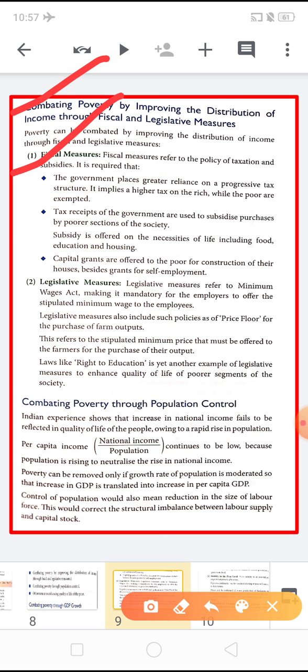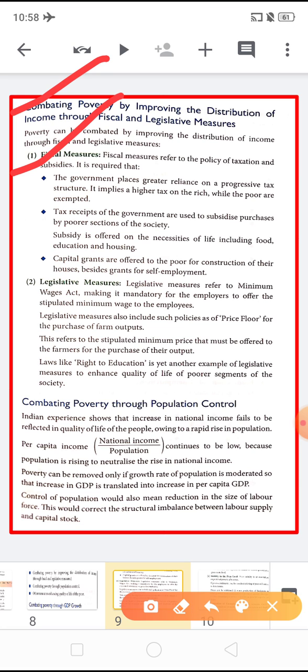Children, the fiscal measures refer to the policy of taxation and subsidies. It is required because the government places greater reliance on the progressive tax structure. It implies a higher tax on the richer, and the poor sections are exempted from tax. This we have already learned in the government objectives.